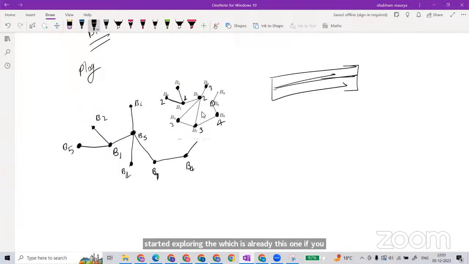So from V4 I will visit V8, and once I visit it I start exploring V8. From V8 we can only see V9.